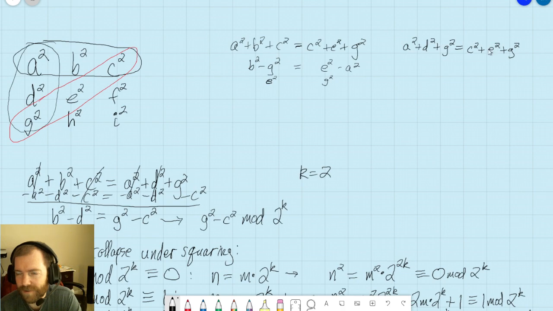Again, it doesn't particularly matter how you do it, but we subtract out the g's, a squared minus e squared, or a squared minus c squared equal to d.